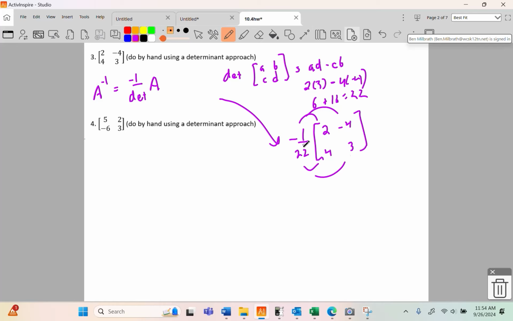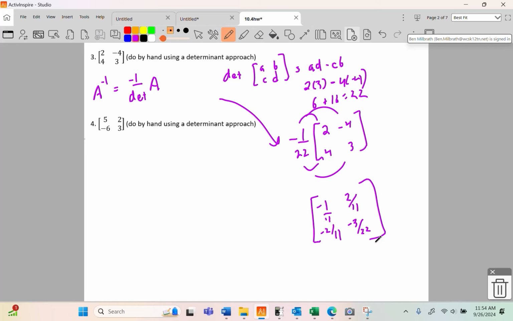So this would be negative 2 over 22, which is negative 1/11. This would become positive 4 over 22, which is 2/11. This is negative 4 over 22, which is negative 2/11. And this is negative 3 over 22, which is just going to stay negative 3 over 22.